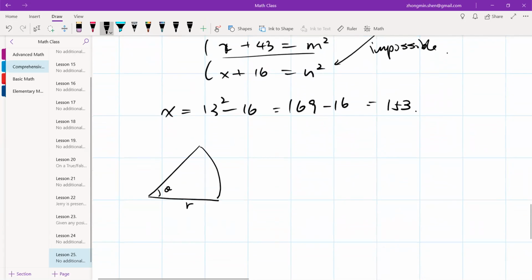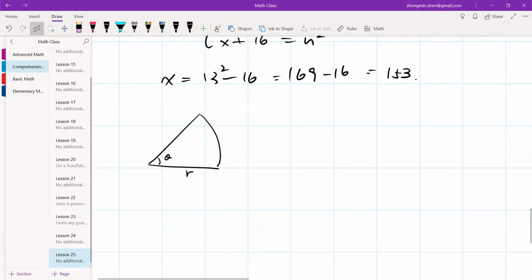The area of this sector, theta must be in radians. In radians, 90 degrees should be equal to pi over 2, okay? And 60 degrees should be written in the form pi over 3. Pi is going to be 180 degrees.